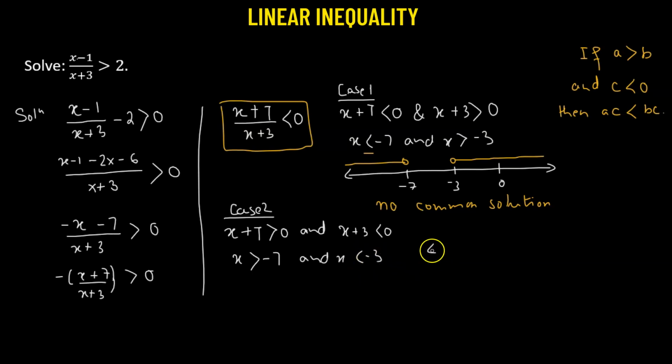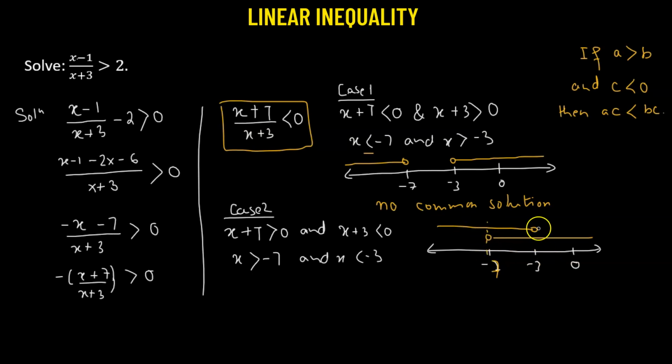So let's plot this on the number line. So we have our number line with value negative 7, negative 3, and 0. x greater than negative 7 means we have to consider all the values of x which is greater than negative 7. That means lying to the right of x = −7. And x less than negative 3 means we have to consider all the values of x which is lying to the left of x = −3, and that means values less than negative 3.